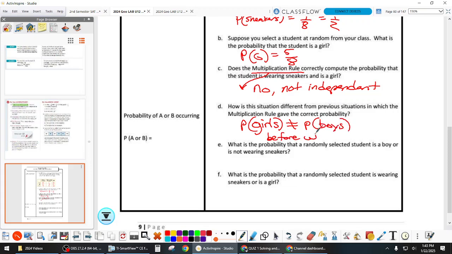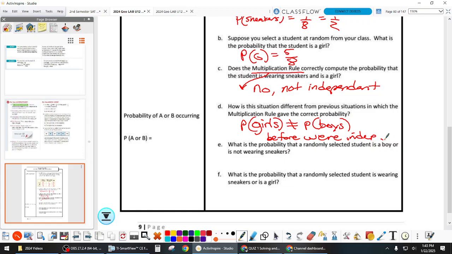And by the way, when it says previous situations, it is talking about pages 4 through 8. All of those were independent, right?